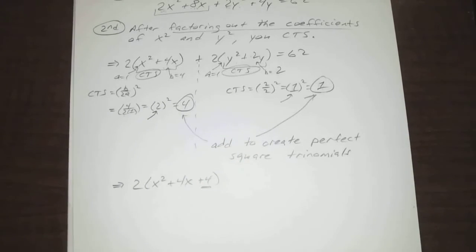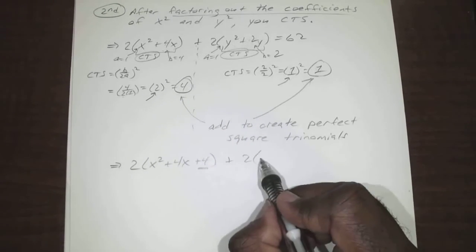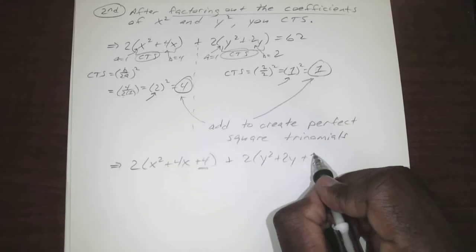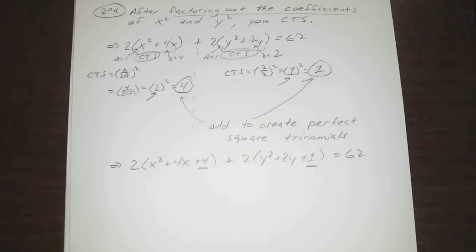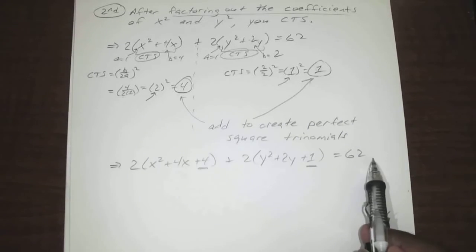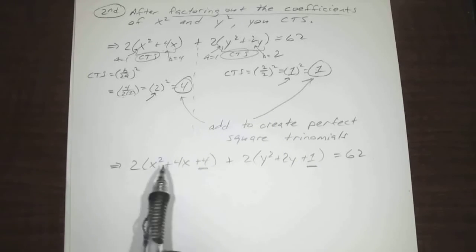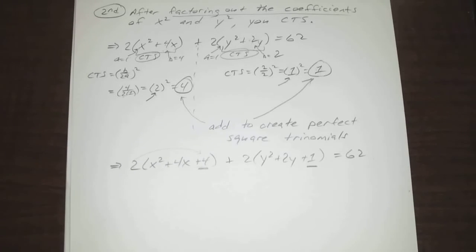That's the one we added there. Plus 2 times y squared plus 2y plus 1 equals 62. You can't just add 4 and 1 because remember you added on the inside of here. And everything inside of here is multiplied by 2. So since everything in here is multiplied by 2, you're actually going to add 8 to this side.